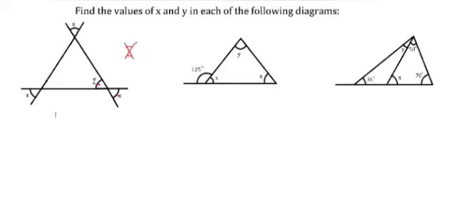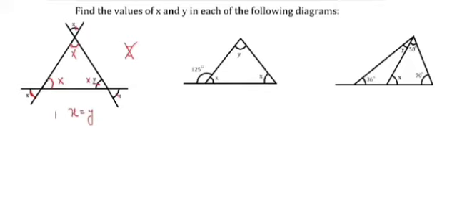So from here I can write x equals y. Now here also this will be x, because they are also vertically opposite angles. Now here you have x, so the vertically opposite angle here will also be x. Now this is also x, because x is equal to y.